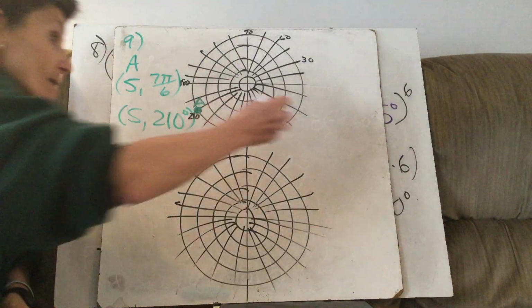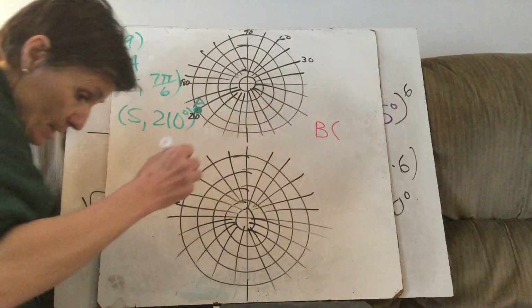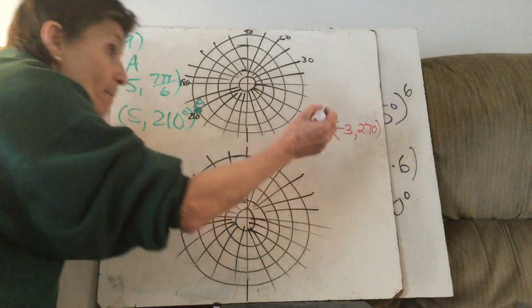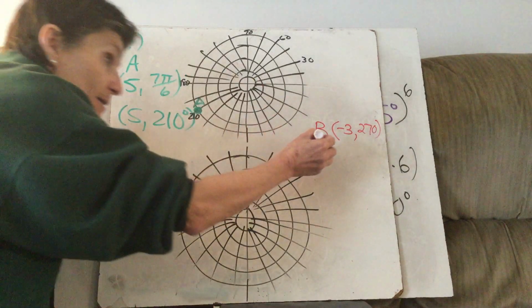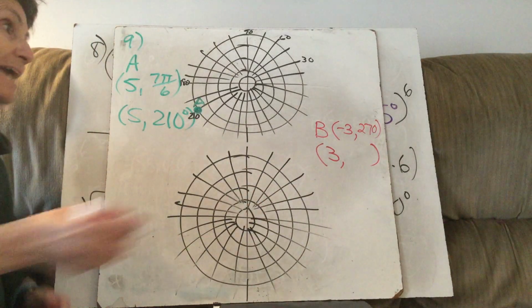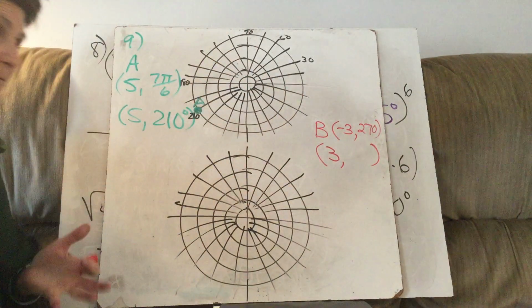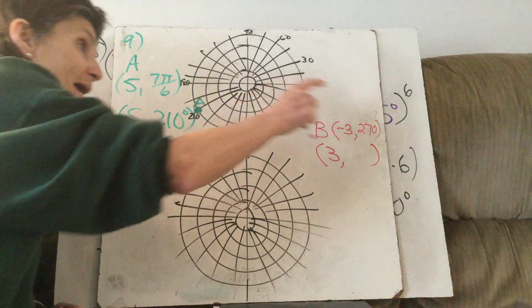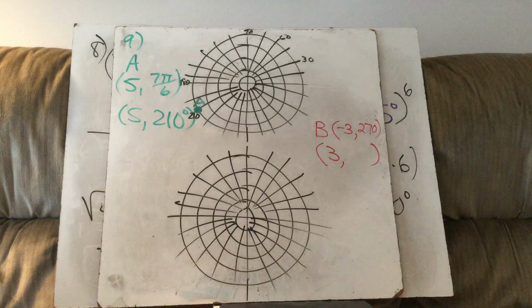And then B is negative 3, 270. Now you can't plot a negative, so you're going to have to change it to a positive. You cannot get on the negative third circle. That just doesn't work. So we're going to think of it as positive 3, and then our angle goes the opposite way. So it goes 180 degrees difference.